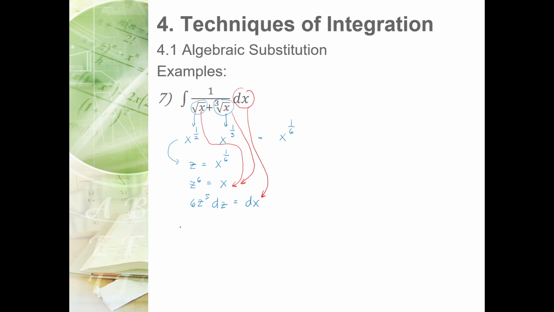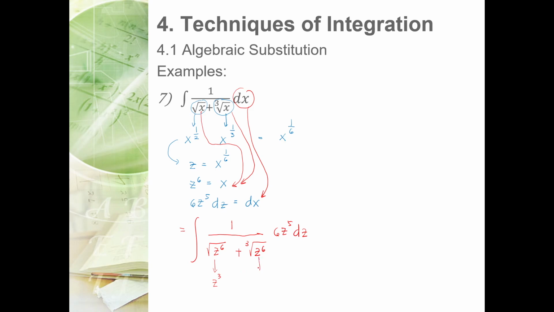So if we're going to apply it now, this will give us 1 all over the square root of z to the power of 6 plus the cube root of z to the power of 6, and then dx is 6 z to the power of 5 dz. So notice that the square root of z to the power of 6 is equal to z cubed, di ba?